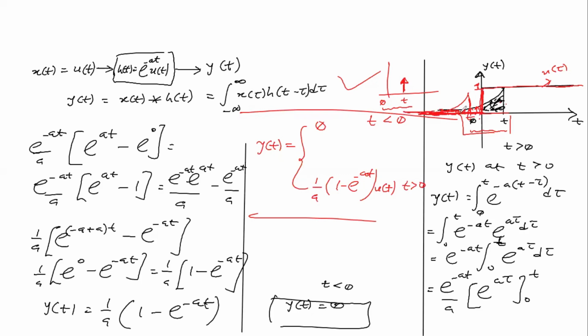So 0 times this response is what? 0. 0 times anything is what? 0, definitely. 0 times this value again is what? 0, right? Good.